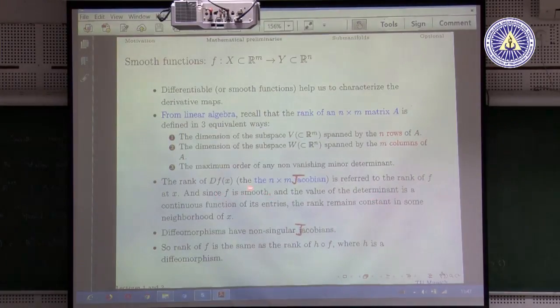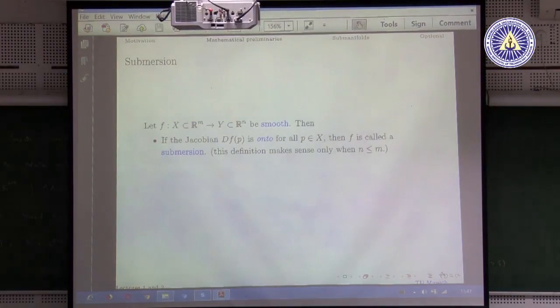Since F is smooth, all the functions are differentiable many times, and the value of the determinant is a continuous function of its entries, the rank remains constant in some neighborhood of X. So, if you get an orthogonal matrix close to that, the rank will not change. I did not talk about diffeomorphism, so do not worry about them.